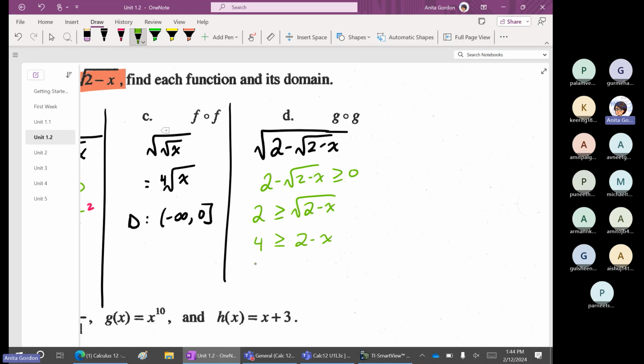Move the x over to the right for plus x greater than or equal to 2 minus 4, negative 2. Okay, before I write that, does it make sense? Okay, pick a large number. 3. That's greater than negative 2. Would 3 work? No.